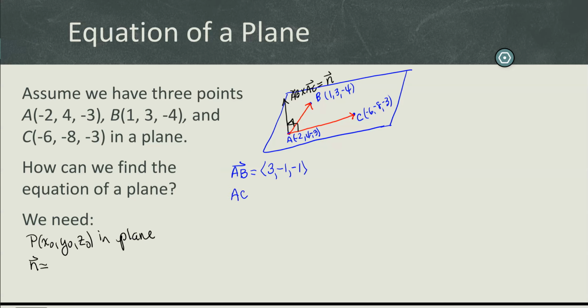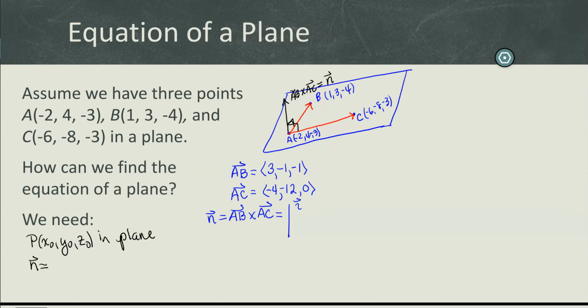And now vector AC, we have negative 6 minus negative 2, so that gives us a negative 4. We've got negative 8 minus 4, so that's a negative 12. And we've got negative 3 minus negative 3, that's a 0. So if I do vector AB cross vector AC, that's going to be our normal vector.